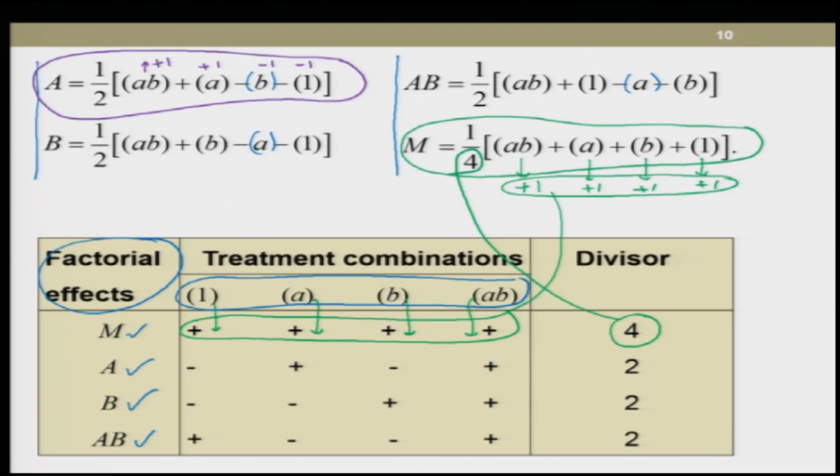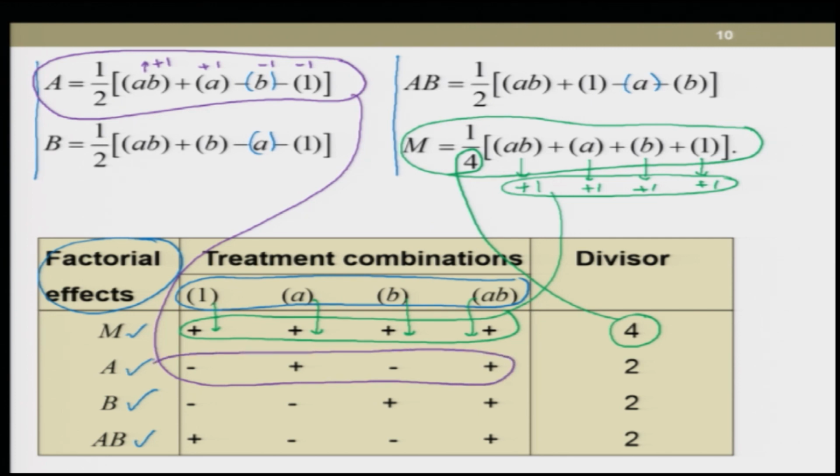So, I write these coefficients in this row: the coefficient related to 1 is minus 1, the coefficient related to A is plus 1, the coefficient related to B is minus 1, and the coefficient related to AB is plus 1.